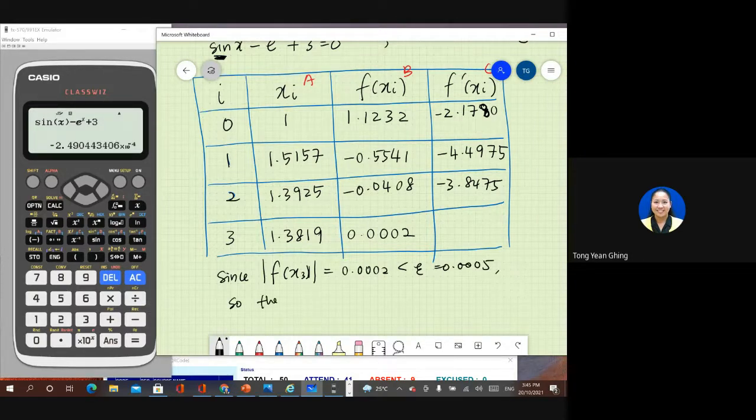So the root of sine x equal to e to the x plus 3 is approximately 1.3819. Okay or not, class?